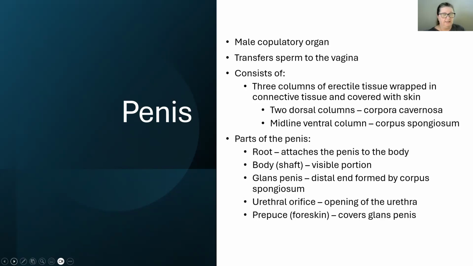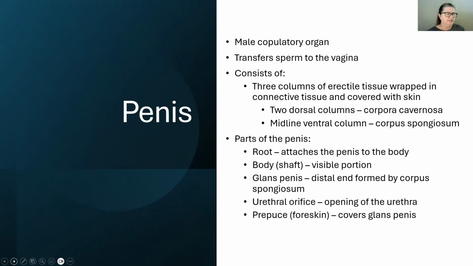The parts of the penis are as follows: the root that attaches the penis to the body. The body, or the shaft of the penis, is the visual portion that we see. And then the glans penis is the distal end that is formed by the corpus spongiosum.